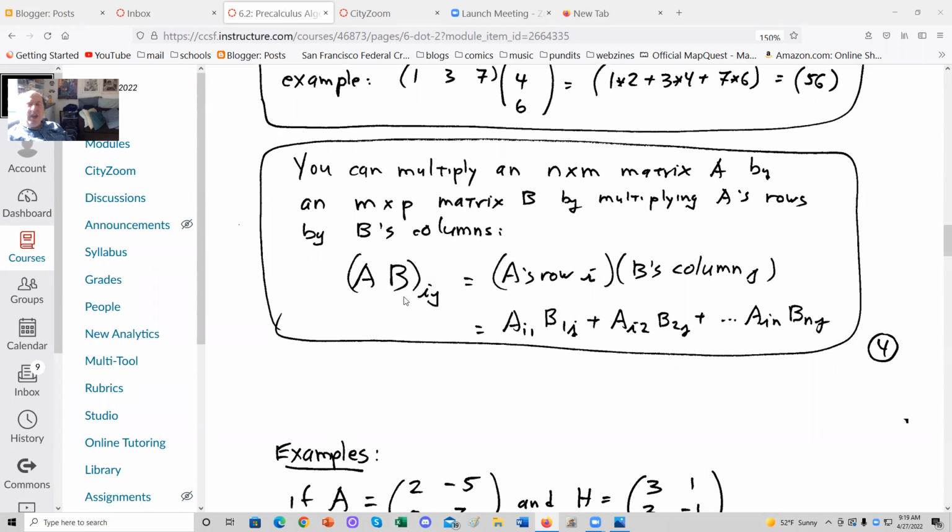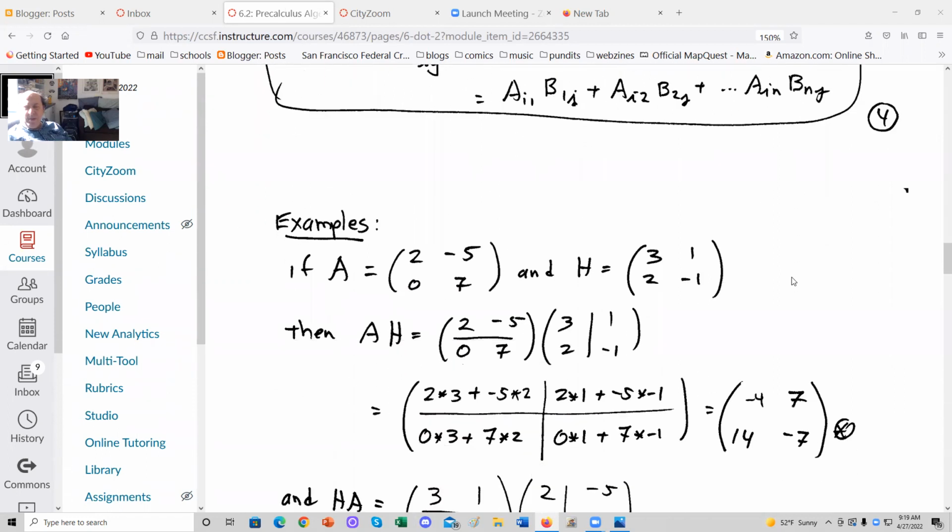So the ijth entry of A times B is the ith row of A times the jth column of B. A's row i is Ai1, Ai2, Ai3, up to Ain. B's column j is B1j, B2j, all the way up to Bnj. And this product is Ai1 times B1j plus Ai2 times B2j, up to Ain times Bnj.